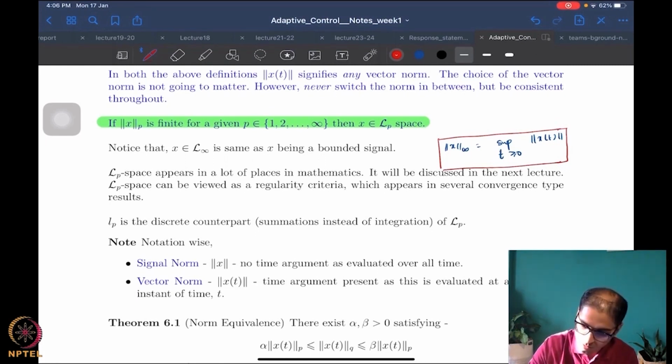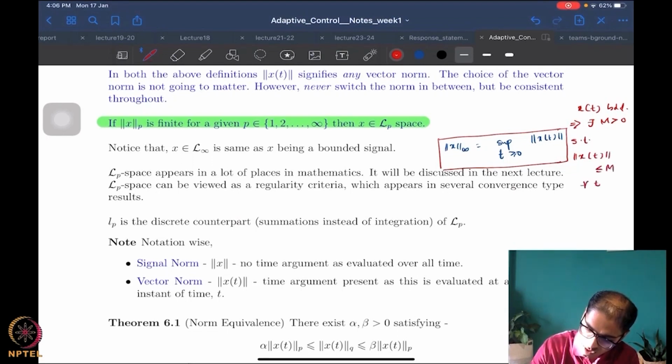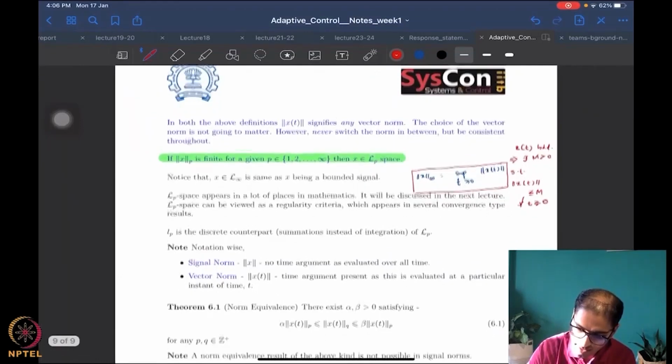So suppose I assume that x(t) is bounded. What does it imply for a signal to be bounded? It implies there exists a positive number M such that the norm of x(t) is less than or equal to M for all t greater than or equal to 0. This is what it means for a signal to be bounded. Okay, so if the signal is bounded, what happens to the infinity norm of x? What can I say?